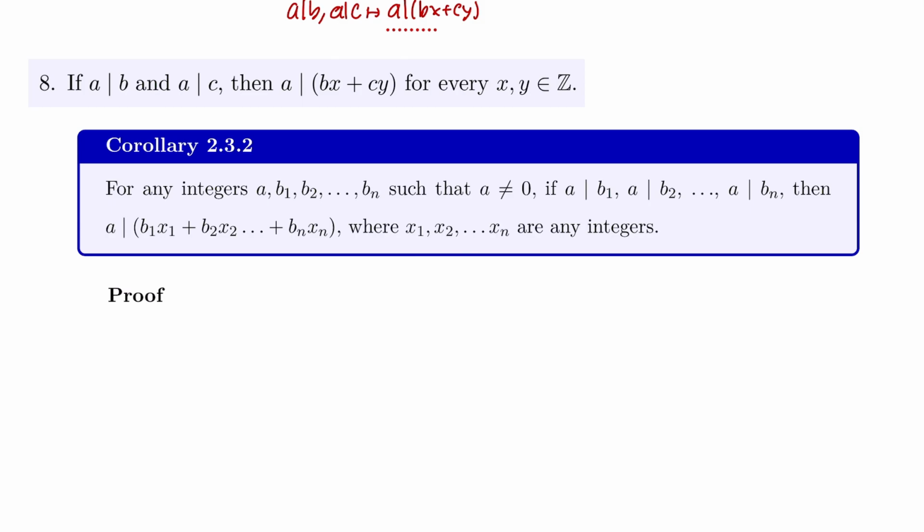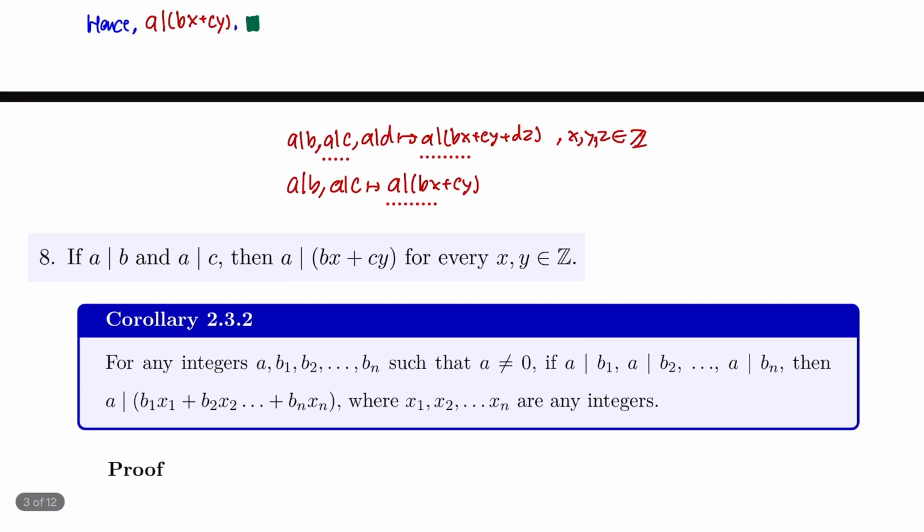any integers. For example, you may have 5 divides 10 and 5 divides 15. What can we write? You may have 5 divides, let me try to write 10 times 2 plus 15 times 3. Can we factorize the number 5? Yes, we can, right?